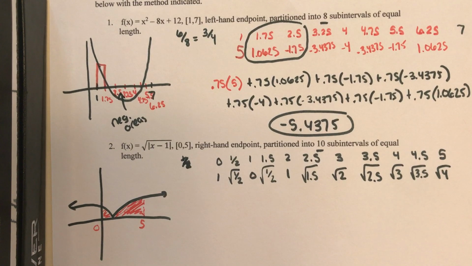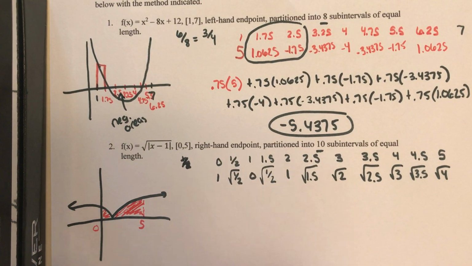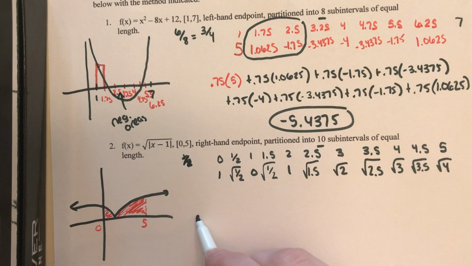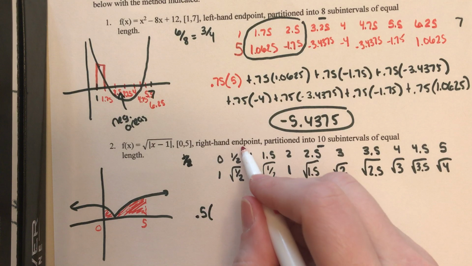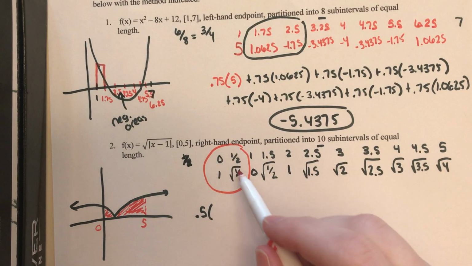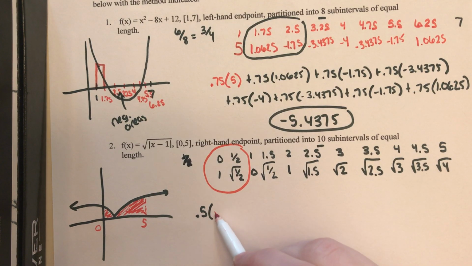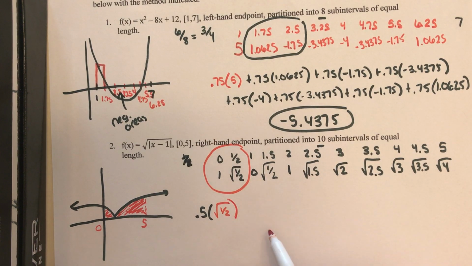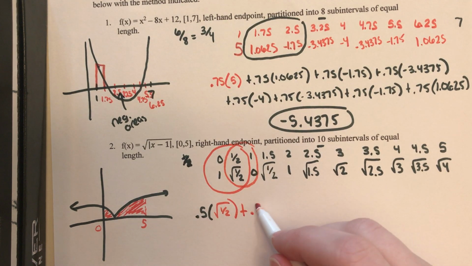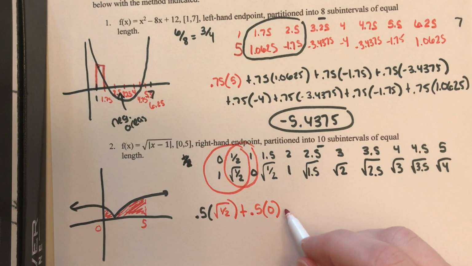Okay, so a right-hand endpoint means that I'm going to take the right height each time. So my base is always going to be 1/2. If I just do the first rectangle, our base is 1/2. The right height would be the square root of 1/2. Plus my next rectangle, the base is 1/2. The right height is 0.